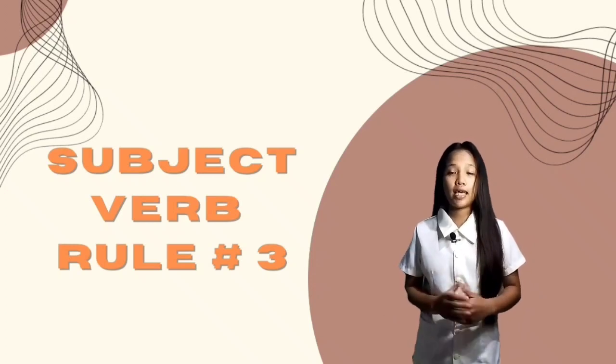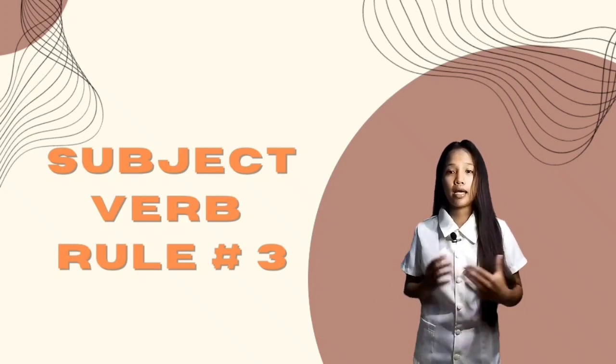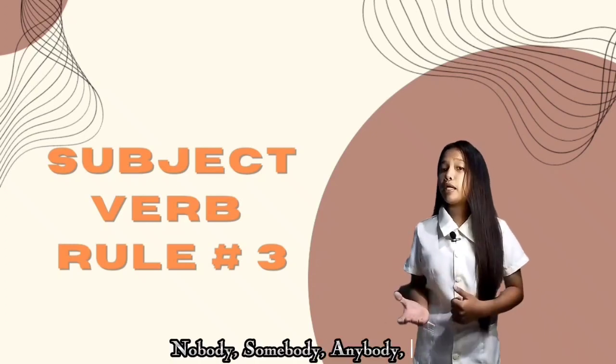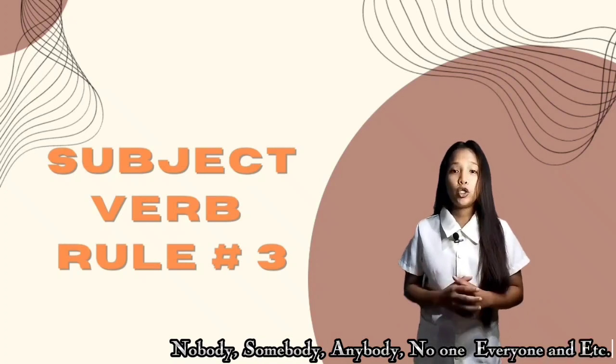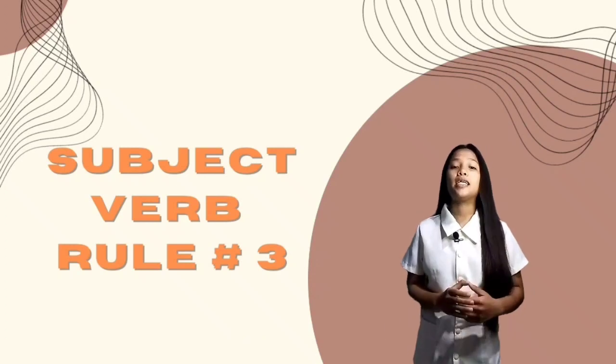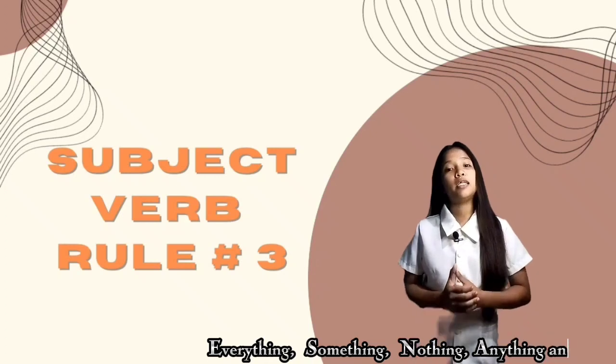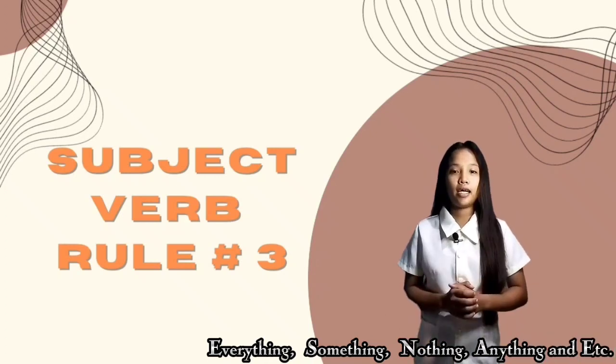We use pronouns ending in body or one for people, like nobody, somebody, anybody, no one, everyone, etc. And pronouns ending in thing for things, like everything, something, nothing, anything, etc.